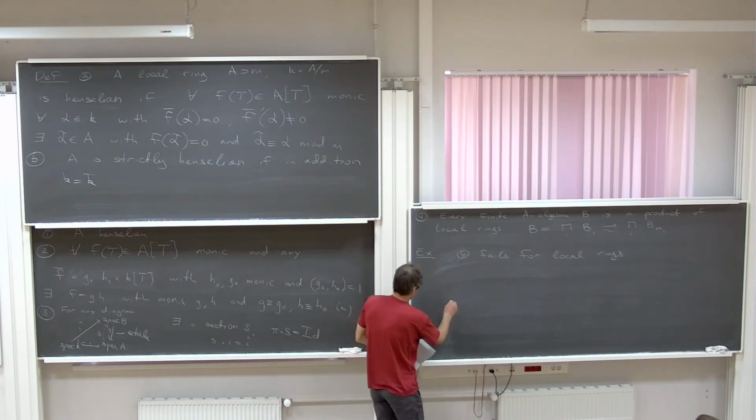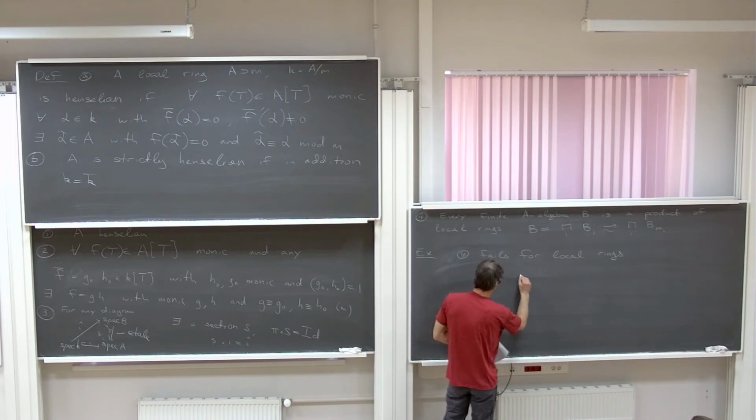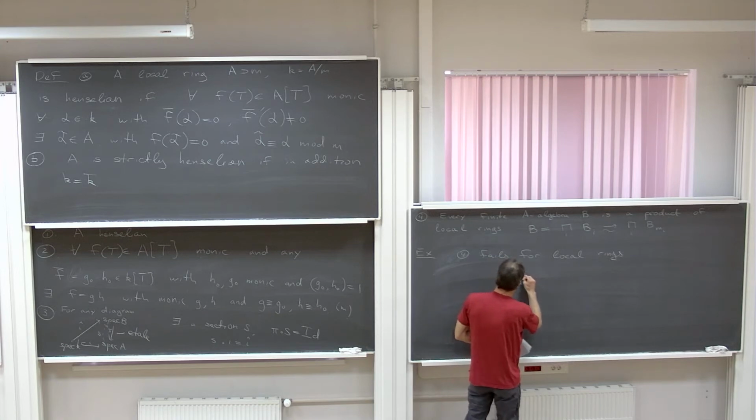So here is an example. Let's take the map from A1 to itself.